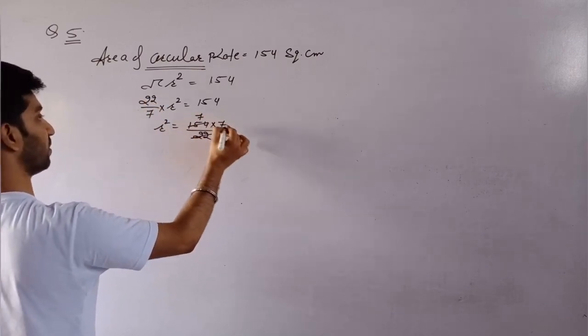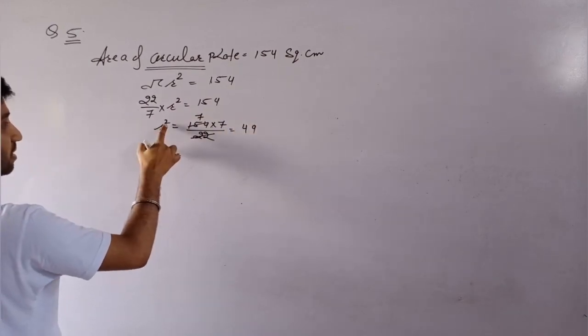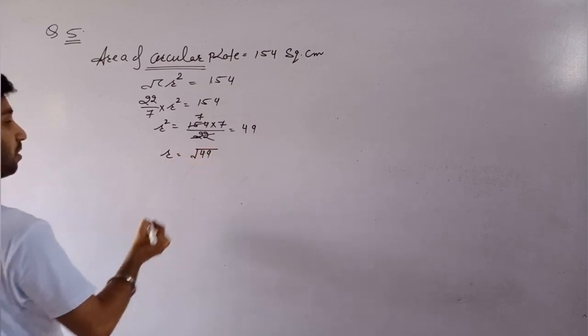22 7s are 154, 7 7s are 49. It is r square, by transposing it will become root 49.